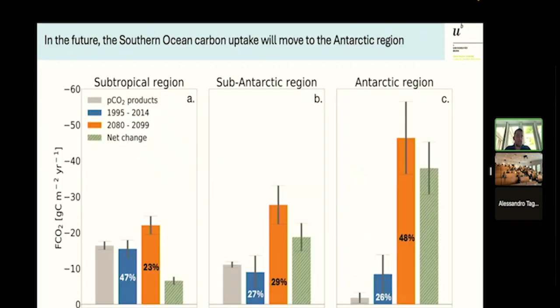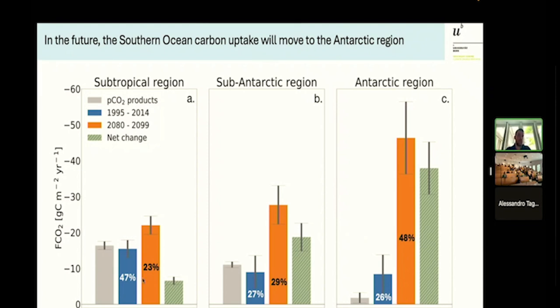And now I just wanted to show you results from a very recent publication from one week ago. So I didn't really have the time to read this in detail, but I still wanted to bring it up because it shows some nice spatial differences. So here, Precious Mongwe and co-authors looked at different regions of the Southern Ocean.